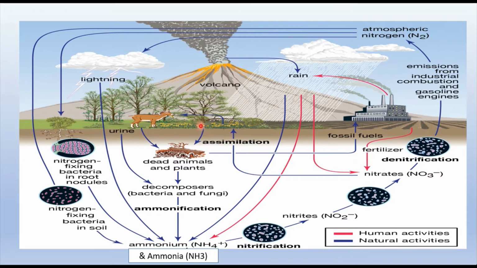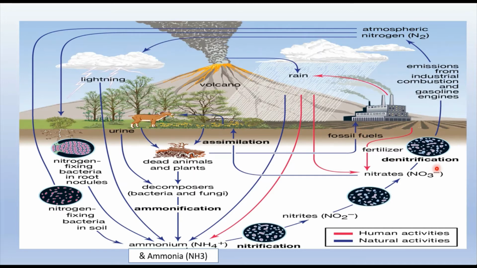Now once they die, they are going to release some compounds and they are going to be ammonified, and after the ammonification, as I told you, nitrification occurs and some of the plants can again take up this nitrogen form. But these nitrates are further degraded, releasing atmospheric nitrogen, either by emissions from industrial combustion, by gasoline, or by the burning of fossil fuels.